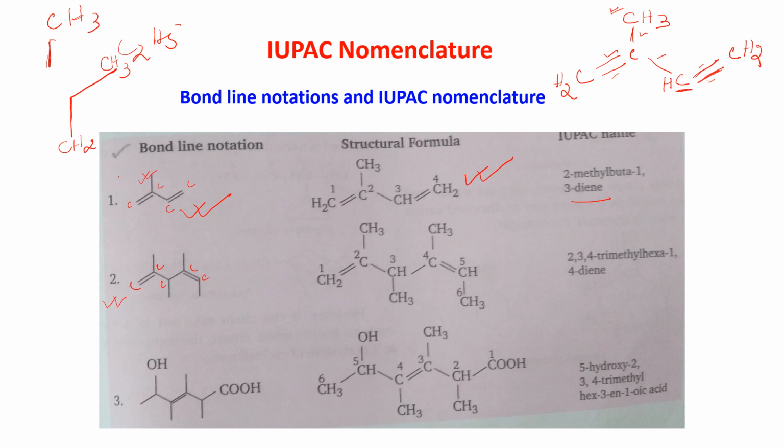And all these here are CH3. You can write carbon like this: carbon, carbon, carbon, carbon, carbon, 1, 2, 3, 4, 5, and CH3 here.